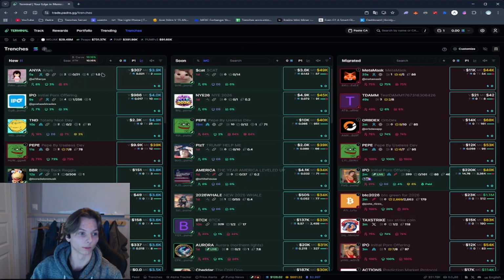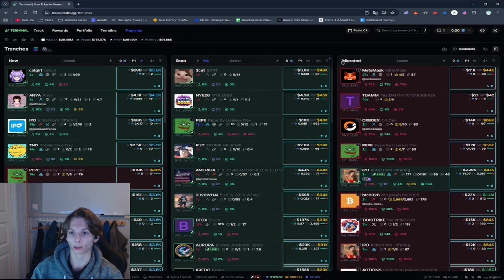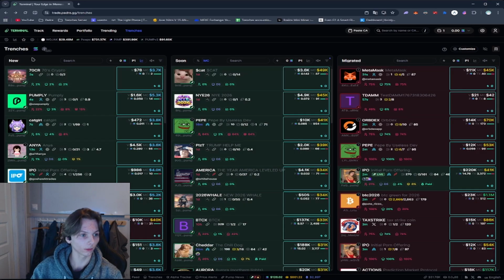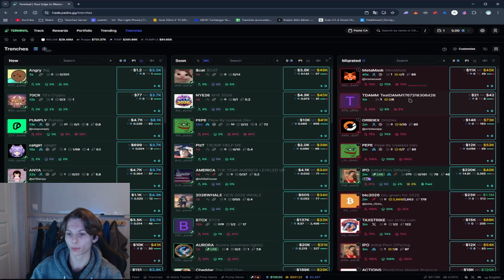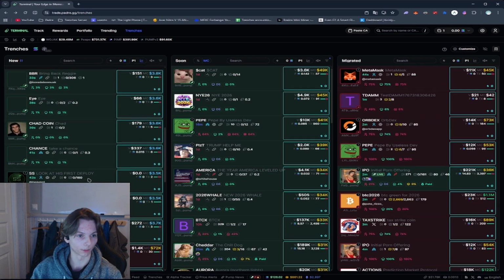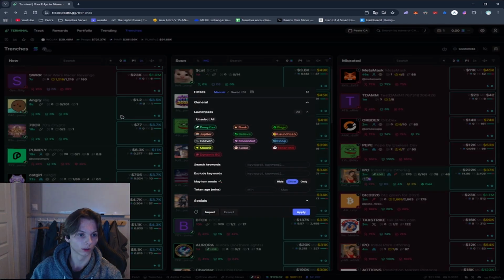Now you can see we have new, we have soon, and we have migrated tabs. On all these different tabs, we have Pump Fun Launchpad, we have Meteora, also called Virtual Curve. We do also have some Bonk and others in here.